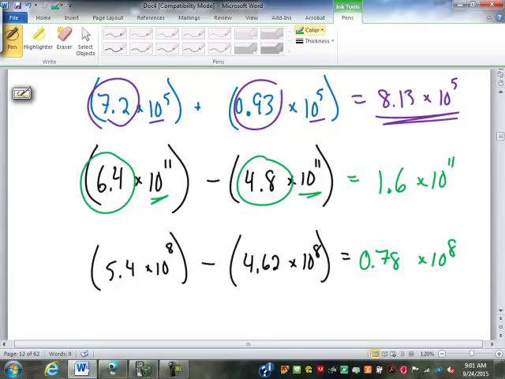What's wrong with that? There's a 0 in front of the decimal point. We need a digit that's not 0 in front of the decimal point. So the decimal point has to move over one spot to become 7.8. Now this time, this number got larger, so the power of 10 has to get smaller. So 10 to the 7th. 8 minus 1 is 7.